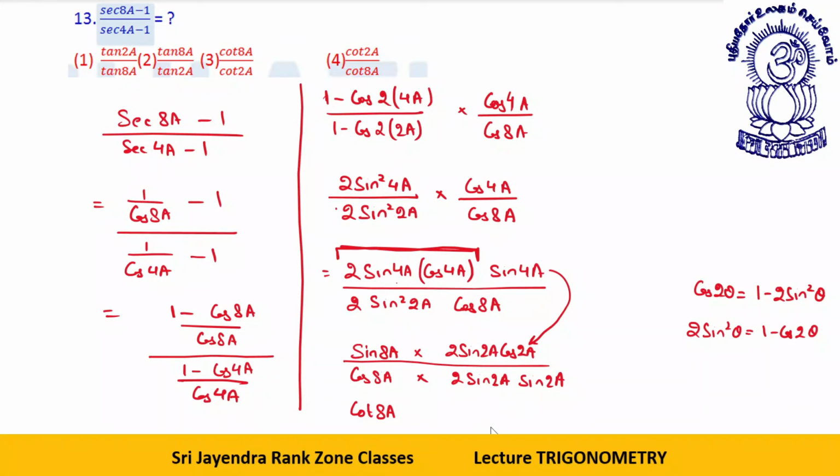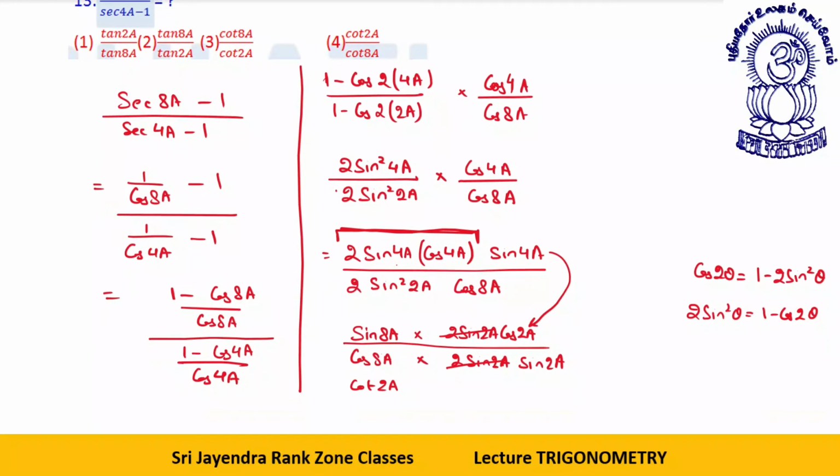Okay, fine. Or this answer may better be written this way: this will cancel with this. Cos 2a by sin 2a will be cot 2a. It all depends on how we are looking at the options. What are the options? That is the way I will have to write my answer. Then cos 8a divided by sin 8a will be cot 8a.